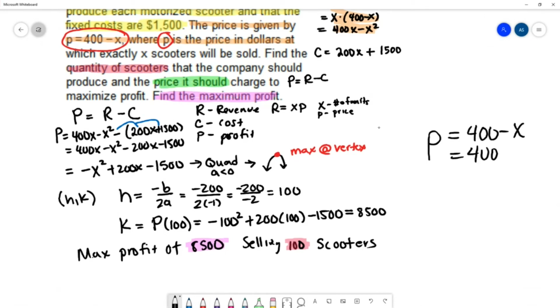That's 400 minus 100, $300. So we should charge $300 per scooter to get a maximum profit of $8,500, and we expect to sell 100 scooters at that price.